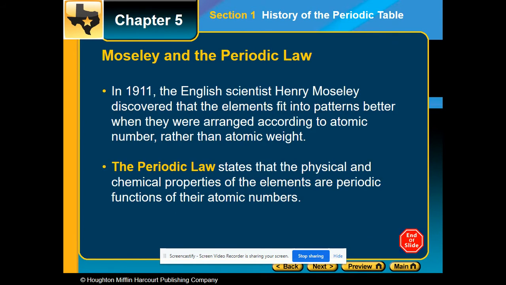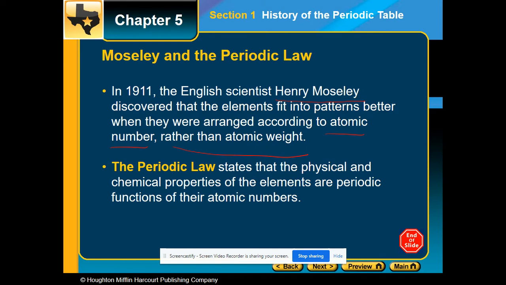Now, also very important you have in your notes is that later on, Henry Moseley came along, and he's looking at this periodic table that Mendeleev did, and he's noticing that there were some discrepancies. So there were some issues with it. So he changed it, and instead of increasing by atomic mass, he changed it to increase by atomic number rather than the mass.